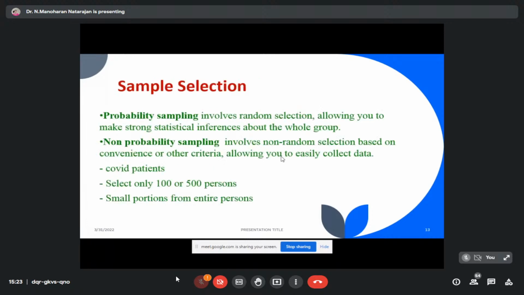Okay. Next one, sample collection. What is the slight difference between the previous one and this one? This is a smaller area. Even though in our example, COVID patients, we have lakhs and lakhs of patients already affected, and some of them still in treatment, we are taking a sample.